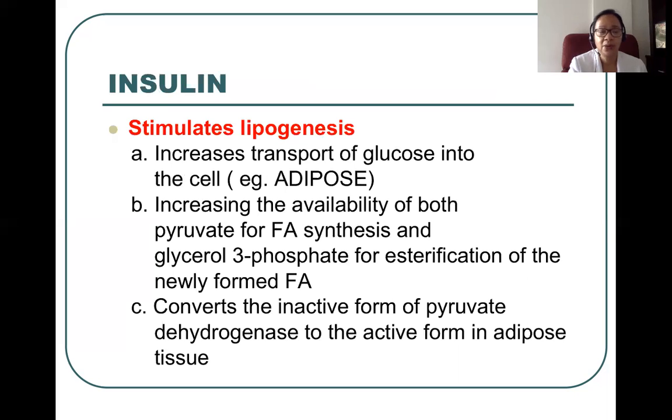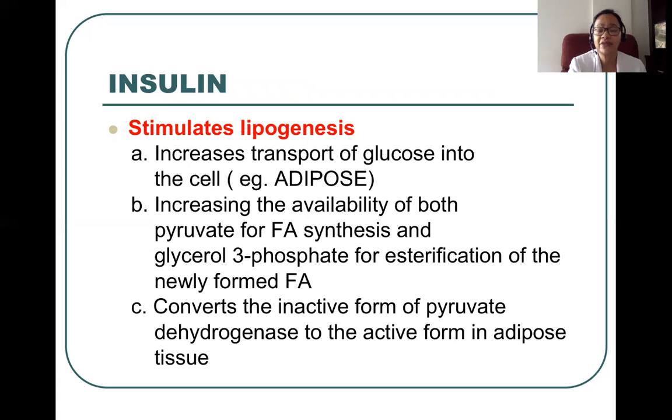So you all know already how insulin stimulates lipogenesis. First, it increases the transport of glucose into the cell, particularly in the adipose tissue. It increases the availability of both the pyruvate for fatty acid synthesis and the glycerol 3-phosphate for esterification of the newly formed fatty acid.